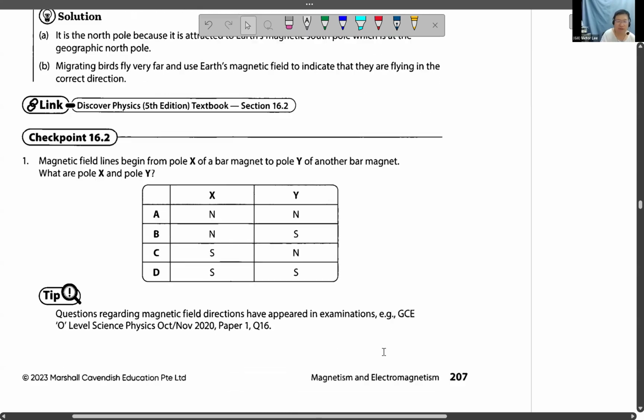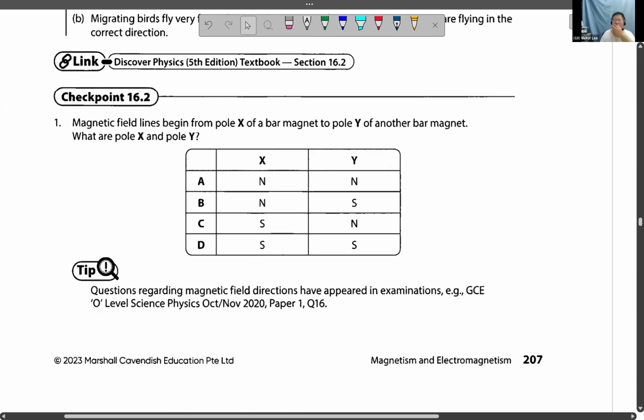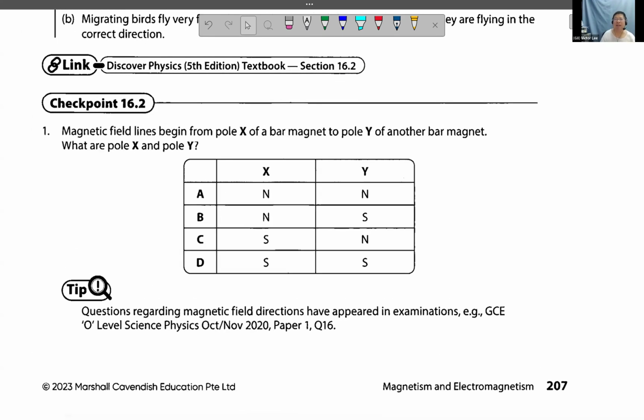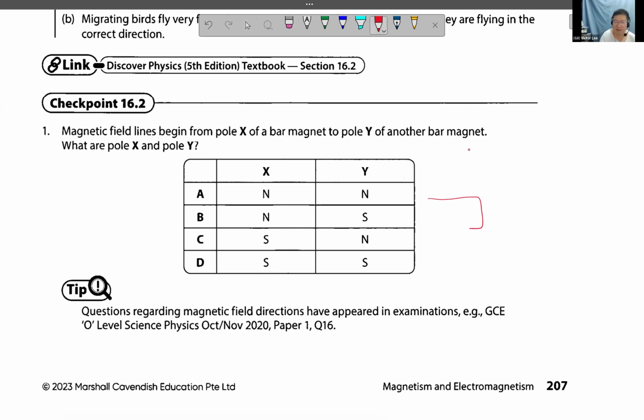Okay, let's try this question. What do you think is the answer for this? The field line goes from the pole X to the pole Y. It means like that.